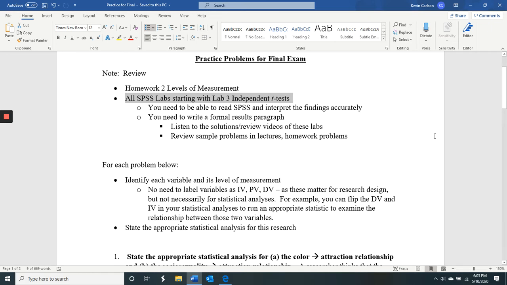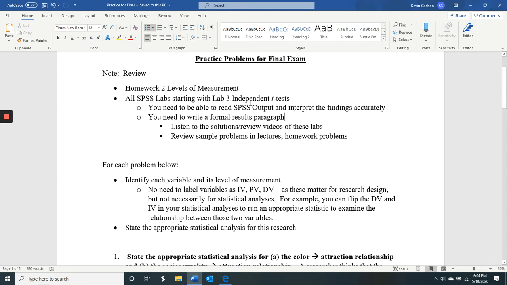So review all the labs for all of our inferential statistics, starting with lab 3. So for these problems, you'll need to be able to read the SPSS output and interpret the findings accurately. And to interpret them accurately, you need to write a formal results paragraph.